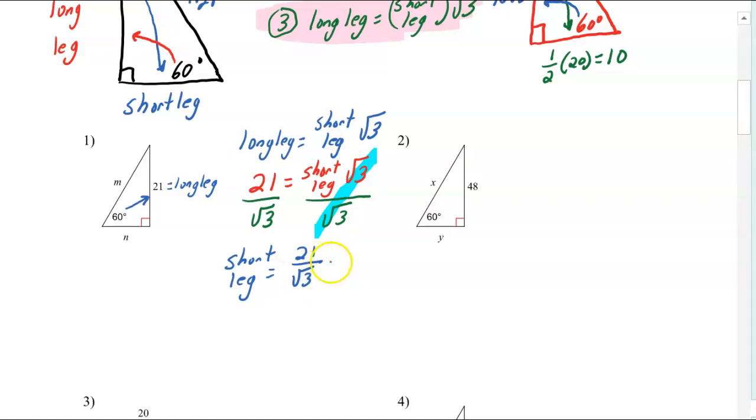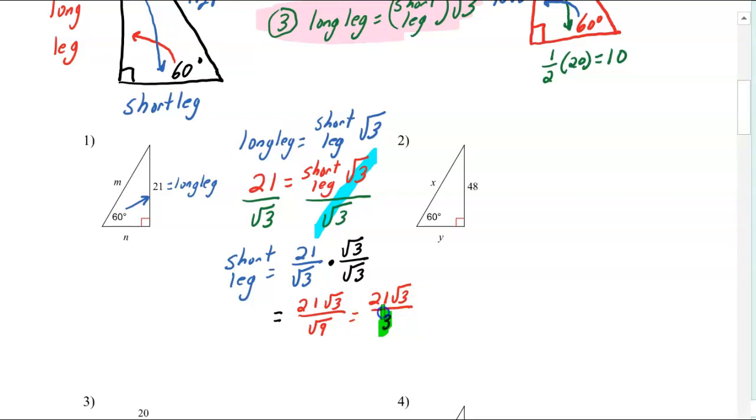And last week, we talked about rationalizing. What I mean by that is you multiply by the square root of 3 over the square root of 3. Doing the math and multiplying across, we get 21 square root of 3 over the square root of 9. That is equal to 21 square root of 3 over 3.